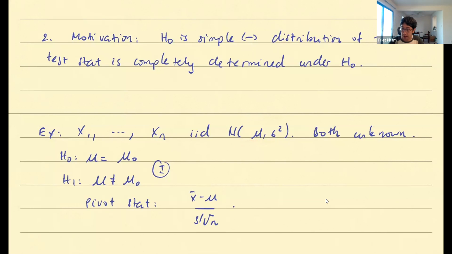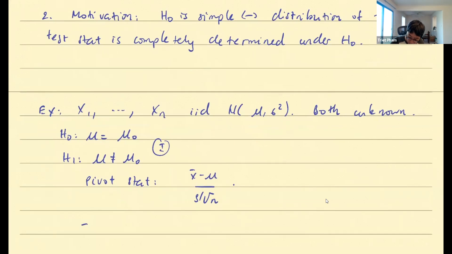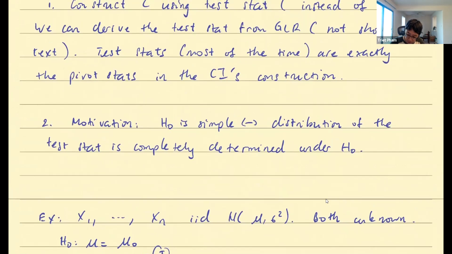So what is the test stat then? Our test stat would be exactly this, except that instead of mu, we use mu naught. So our test stat is x bar minus mu naught divided by S over root n. That's what I mean by item 1.